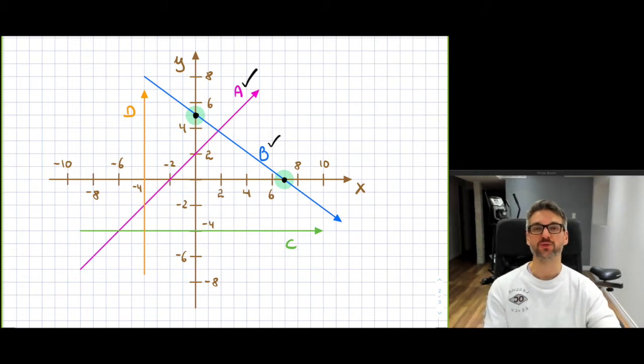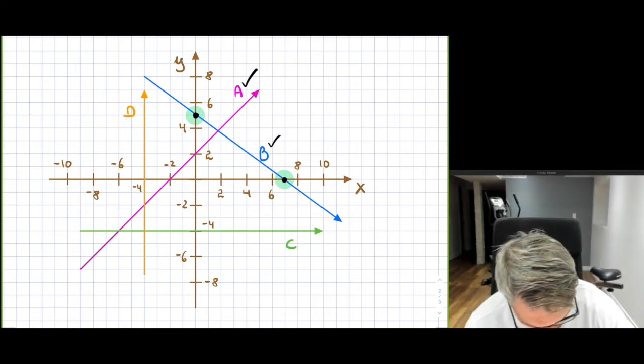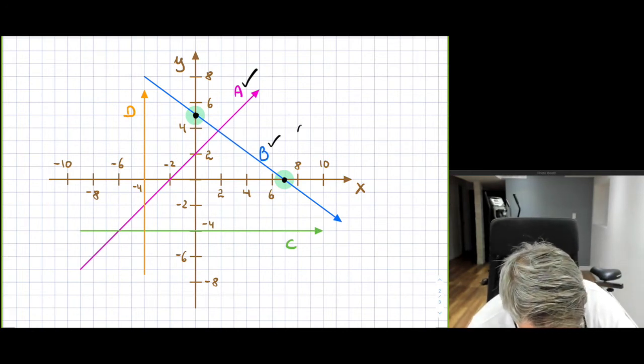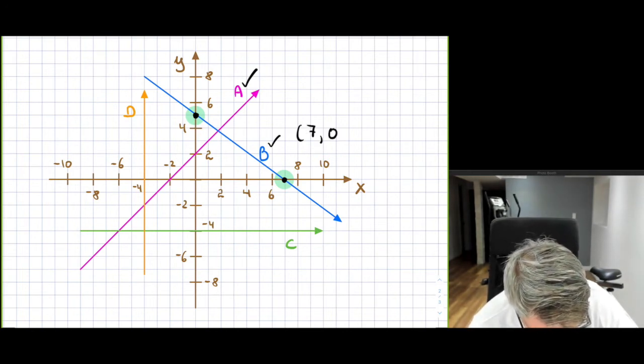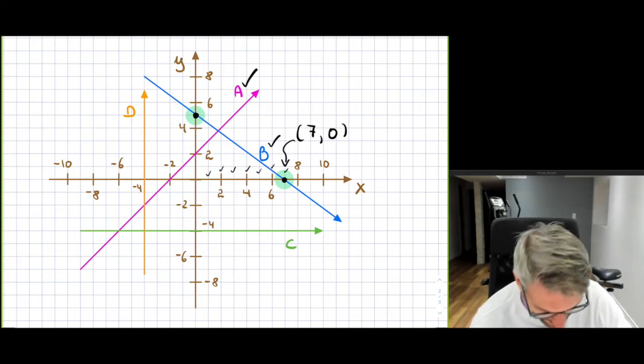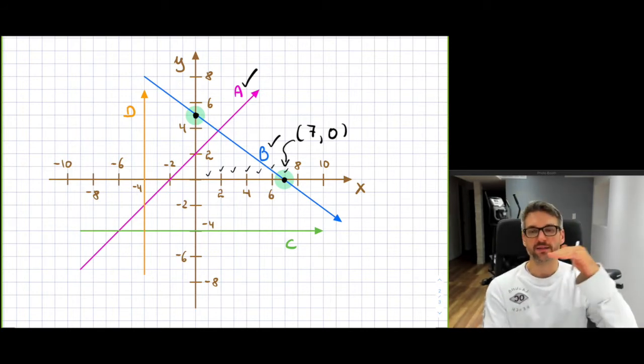So it's easy to identify them visually, and if you were trying to write it down as coordinates, for example, for your x-intercept, in this case it is 7, and then your y is 0. So that is this point right there, and the reason is, notice we have 1, 2, 3, 4, 5, 6, and 7, and then your y is 0.